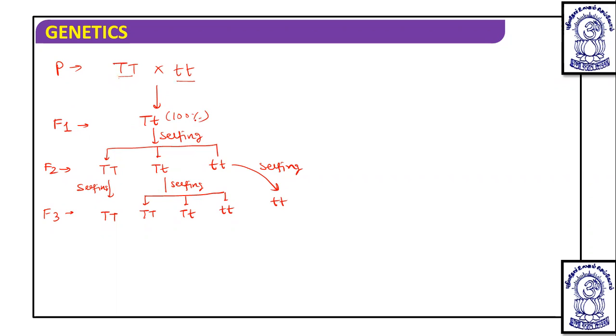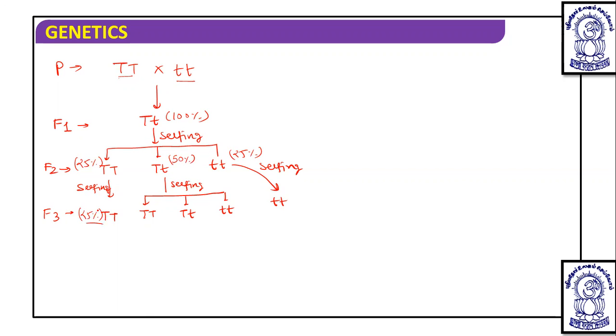But when we perform selfing in the F2 generation, out of this 100%, 25% are producing capital T, 50% are capital T small t, and 25% are of this type. When selfing of this capital T is done, all 25% offspring are going to continue.